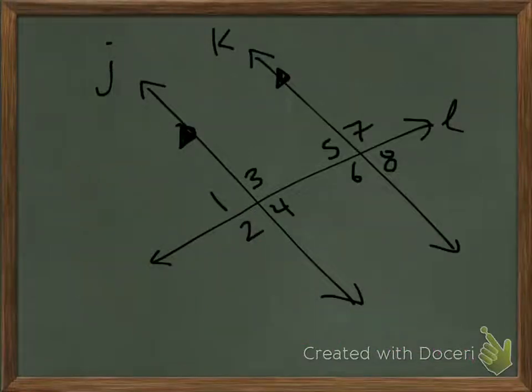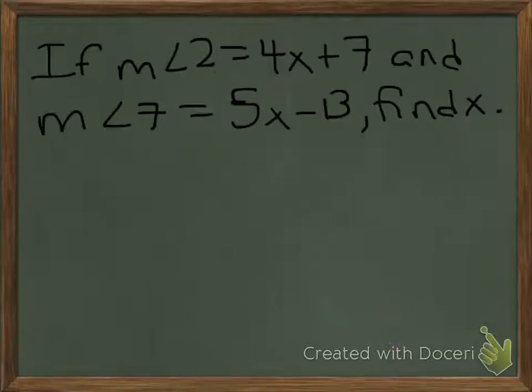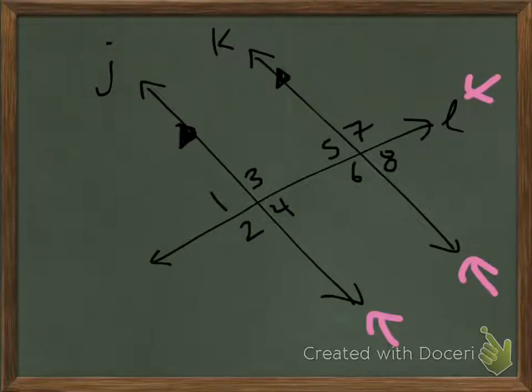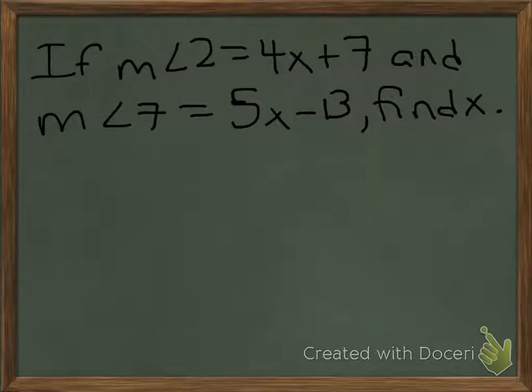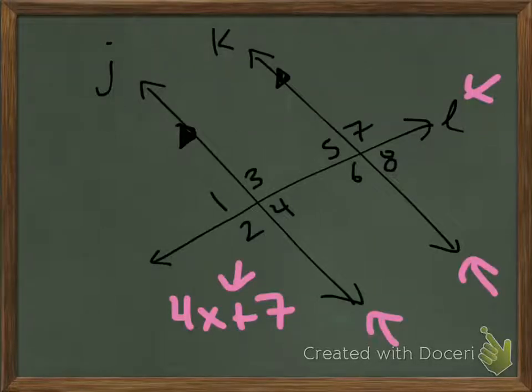Now we have another diagram here, and again notice the parallel lines J and K cut by the transversal L. It gives us that angle 2 is 4x plus 7, and angle 7 is 5x minus 13. Notice those two are both outside of the two parallel lines, J and K, and they alternate on the transversal L, so that makes them equal.